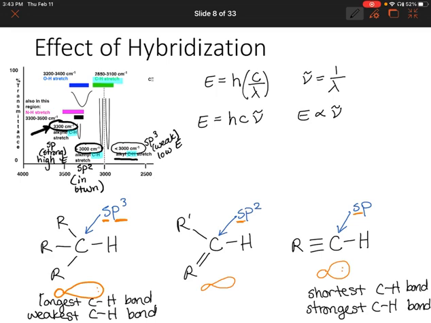If you have a stretch at a little less than 3,000 inverse centimeters, that tells you you have an sp3 hybridized carbon, so it likely has all single bonds. And then if you have something a little bit higher than 3,000 inverse centimeters, that likely is an sp2 hybridized carbon with a double bond, but additionally it's still bonded to that hydrogen there.